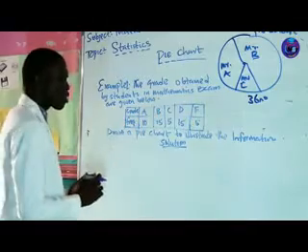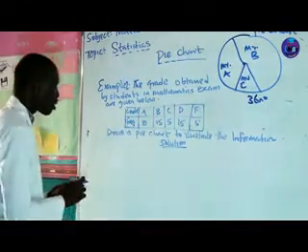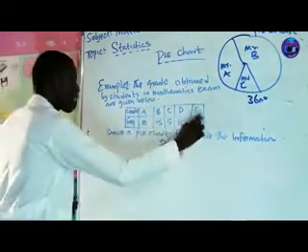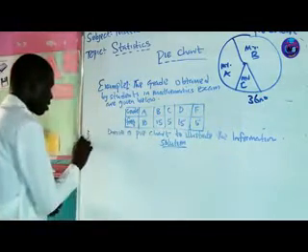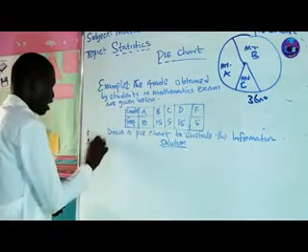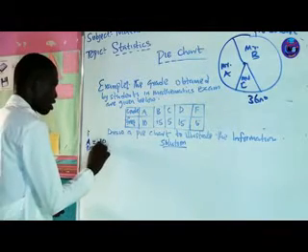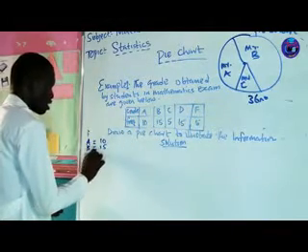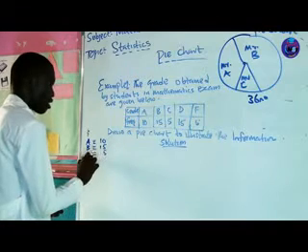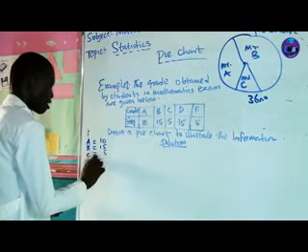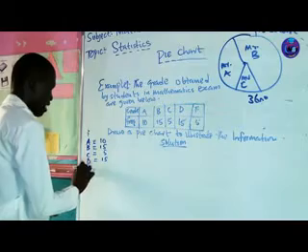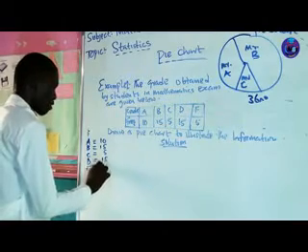The first thing to do is make sure that you have everything. So you can say A is 10, B is 15, C is 5, D is 15, and F is 5.